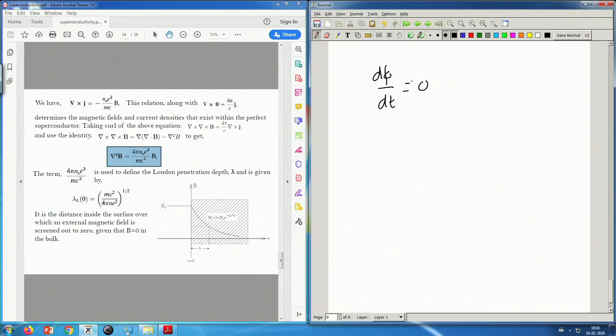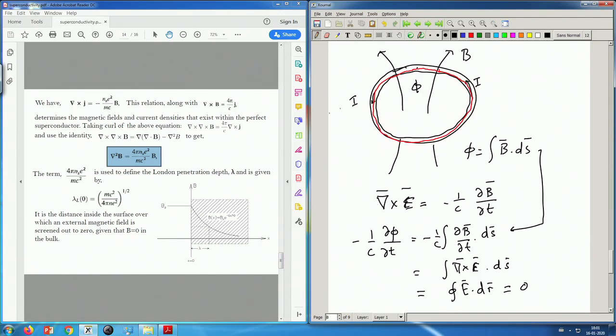So, that means what? Suppose now I switch off the magnetic field. The magnetic field is externally applied, so I can switch it off from outside. So, we do that. The magnetic field is switched off now, but this equation tells us that the flux remains constant.